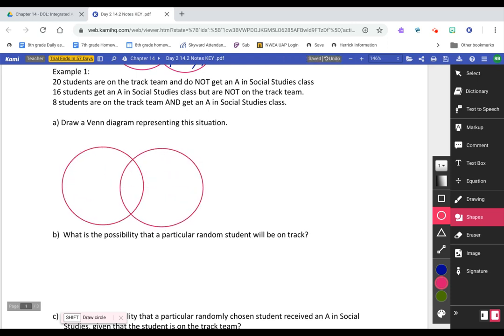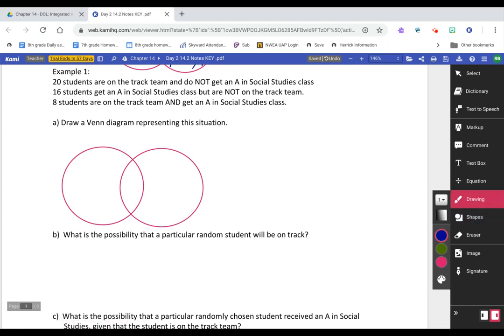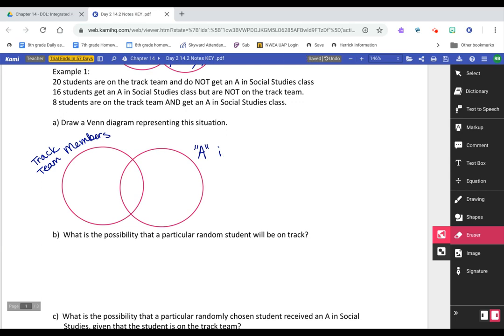So part A wants us to draw the Venn diagram and insert the numbers so that we can represent this situation. So let's label these circles. Let's label track team members on the left, and on the right we'll say A in social studies class.